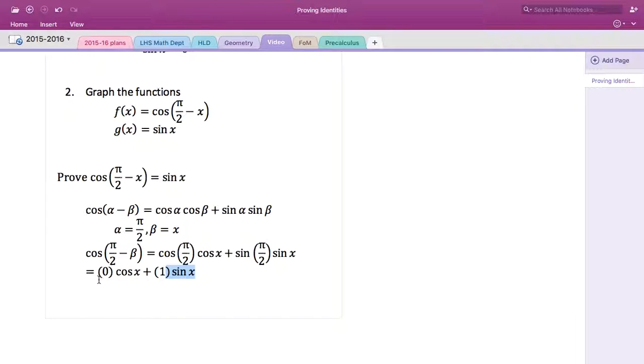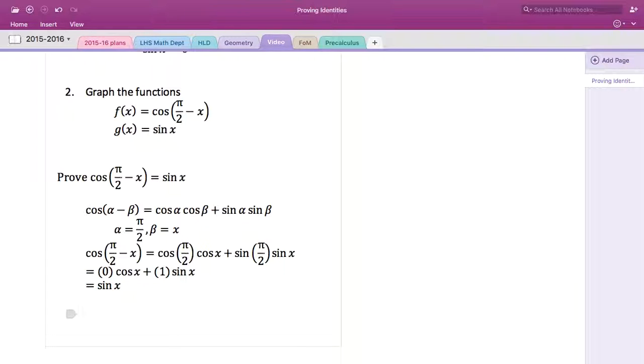So we take that: 0 times cosine of x is 0, and 1 times sine of x is sine of x. So we started out with cosine of pi halves minus x, and that is equal to this, which is equal to the second row, and that finally is equal to sine of x.